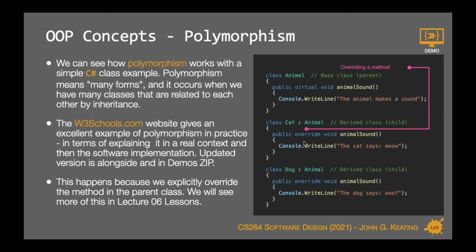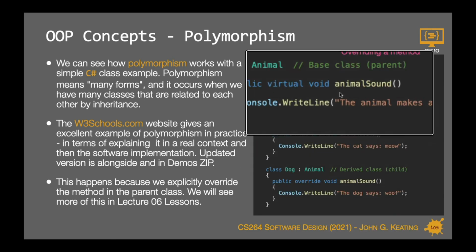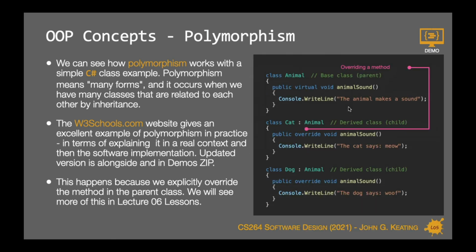If we create an animal, and then we create a cat and we create a dog, which sound do we make? Because we can sometimes cast. Remember, we also talked about boxing and unboxing to a different object, and then we can see which method we actually call. It depends.